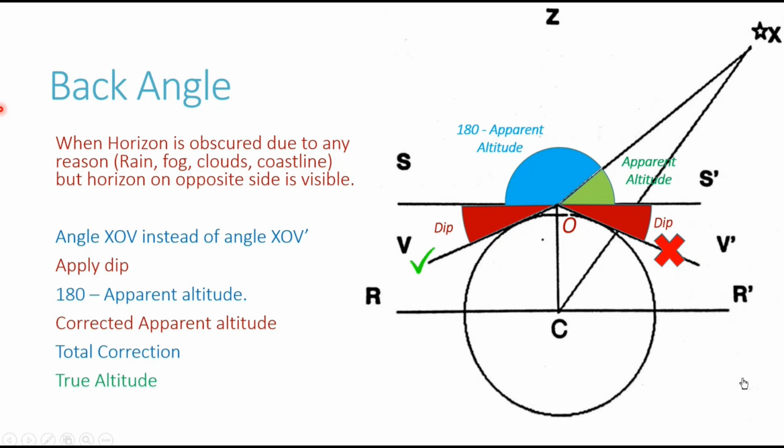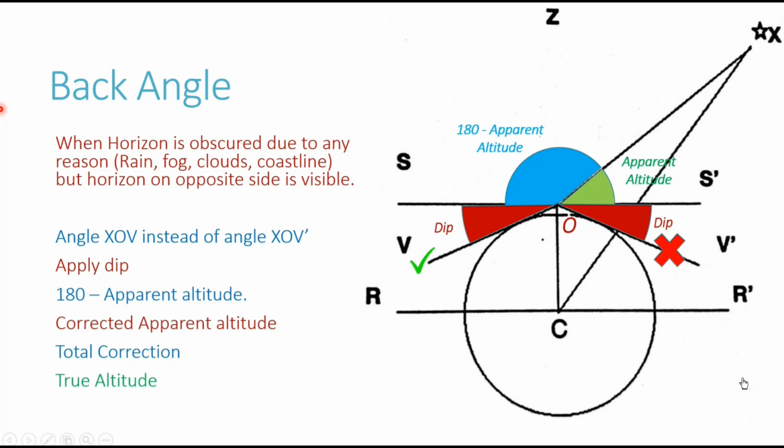The first thing is when you practically use this method, it is not so simple and straightforward. To obtain the back angle of the body on board, this will not be asked to you in the written exams, but certainly during orals, somebody may ask you, how do you obtain the back angle of a celestial body?